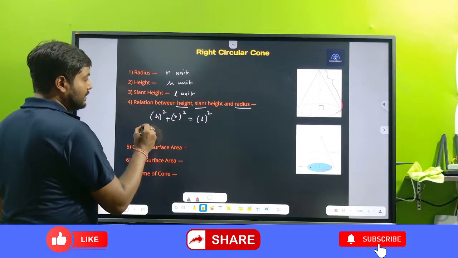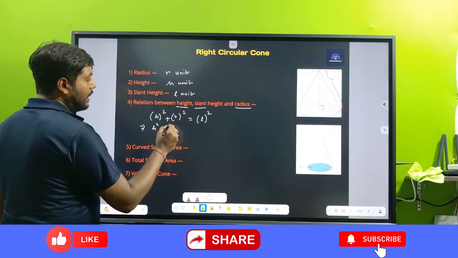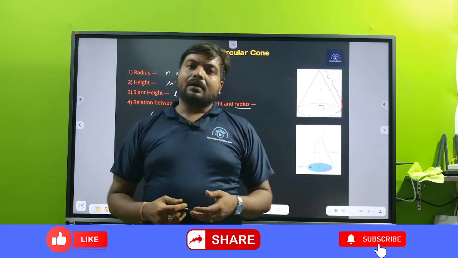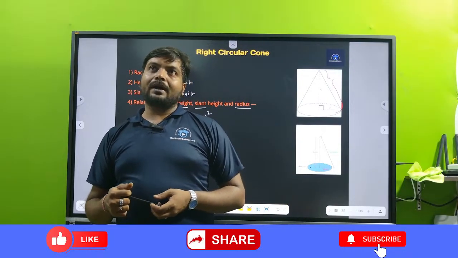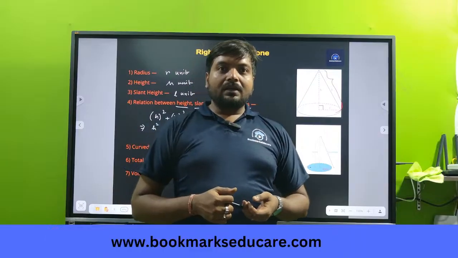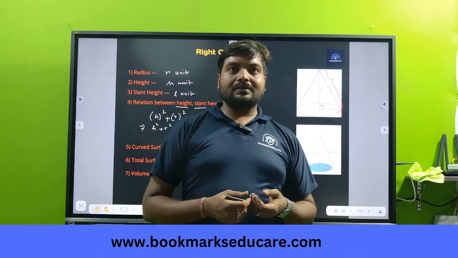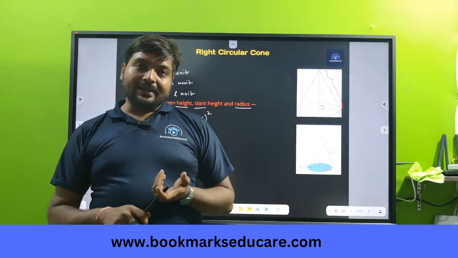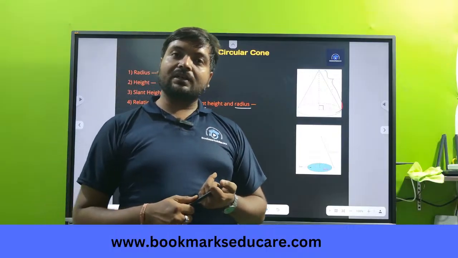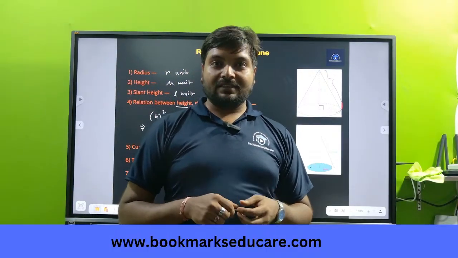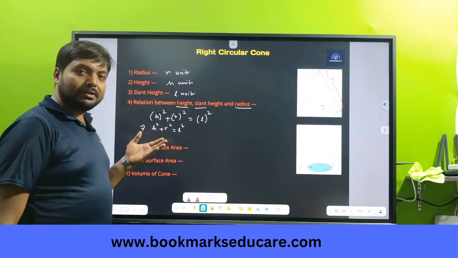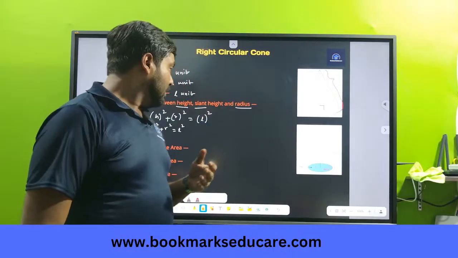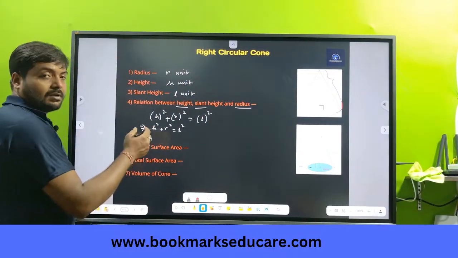So the relation is h square plus r square equals L square. Why is this important? Because in a few sums you will have to find the curved surface area, but you are provided with the height and the radius of the cone. To find the curved surface area of a cone, you need the slant height. Using this formula, we can easily find the slant height. So this is very useful to solve sums.